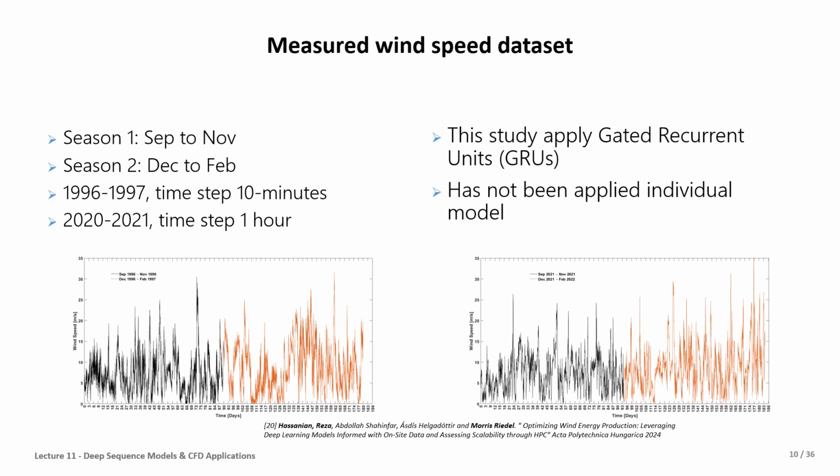Here also we were thinking about how to use this idea, because this data is from Iceland. Of course, in the winter and the summer, we have different behavior of the wind.